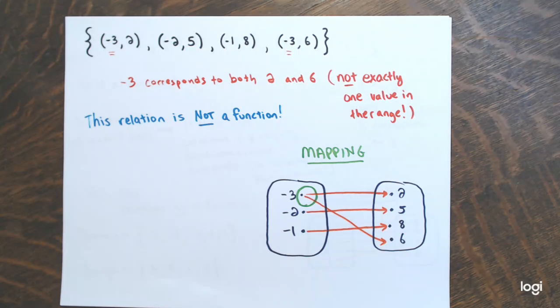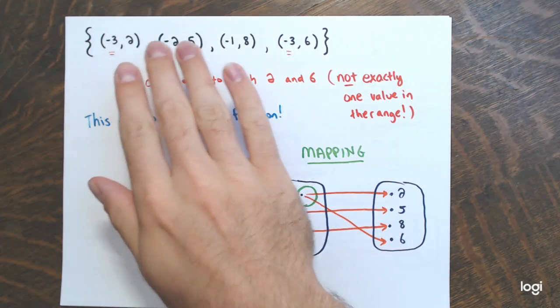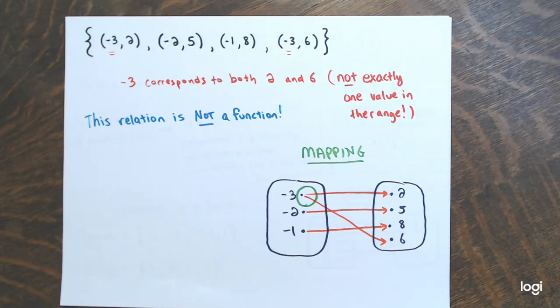Okay. All right. So those were just a couple examples where our relation was represented by a mapping, or where our relation was represented by a set of ordered pairs. We'll get into future videos where we'll see our relations represented by an equation.